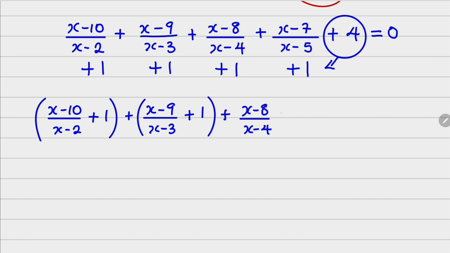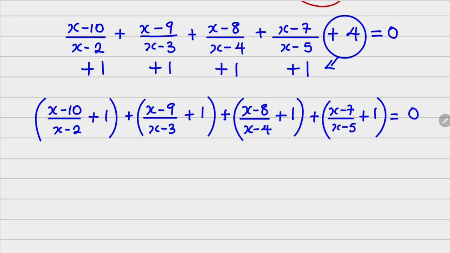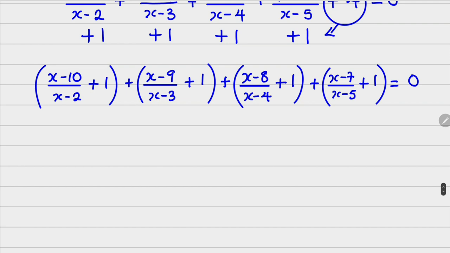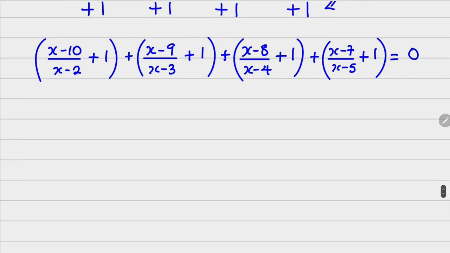So the pattern is going to help me to solve this question. Then the last one will be plus x minus 7 all over x minus 5, then plus 1. I take it like this, then everything is equal to 0. Now, I've not done anything. I just manipulated to get what I want.